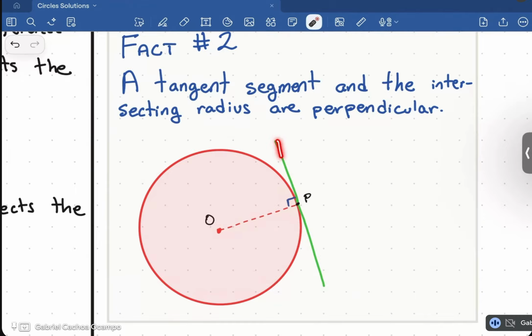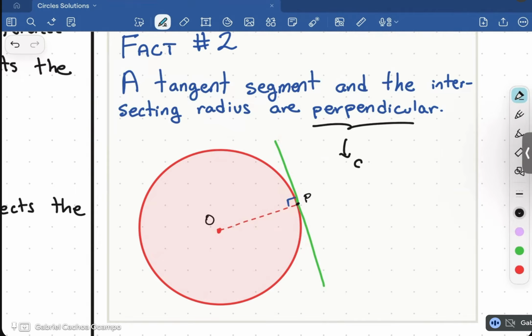If you have a tangent line and a radius, these two lines should be perpendicular. Perpendicular is having a 90-degree angle, a right angle. We will have a tangent if and only if I have a right angle made in the point of intersection and the radius.